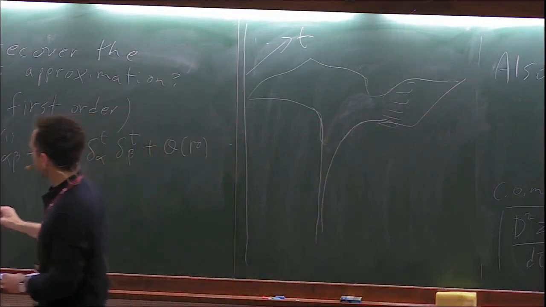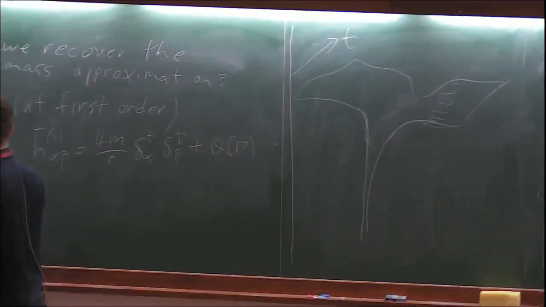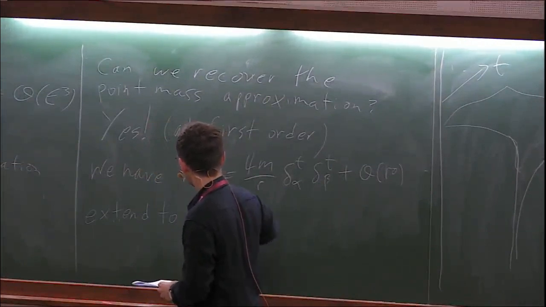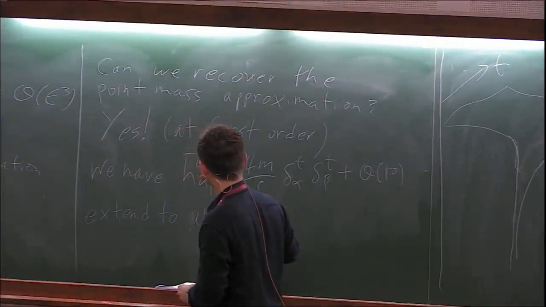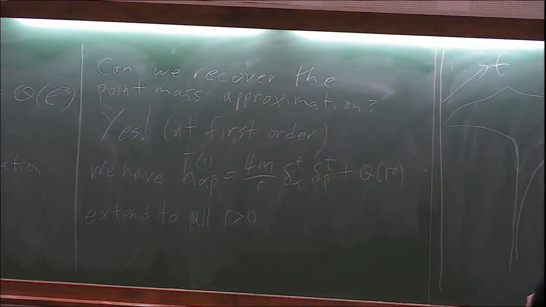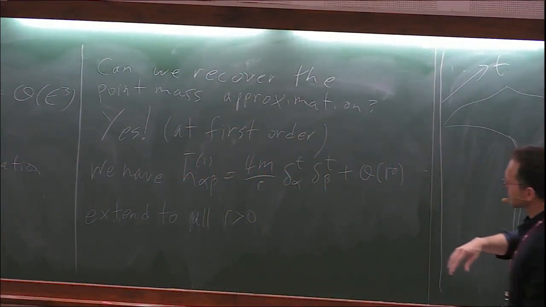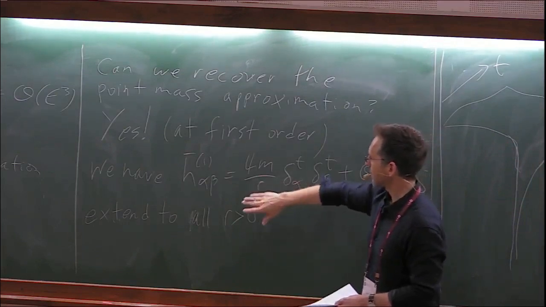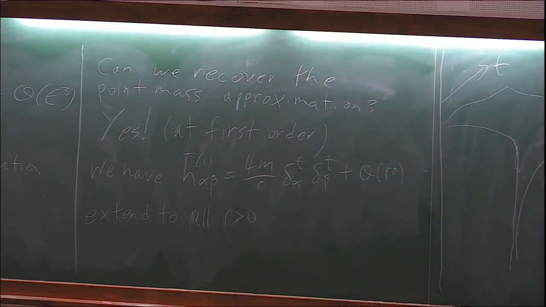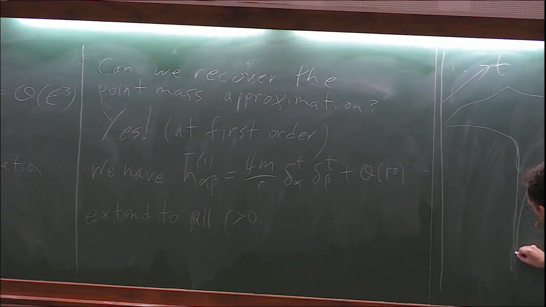So if I do that, extend to all r greater than 0, then we can show that this is exactly the metric perturbation that would be sourced by a point mass moving on the world line. And the world line is where this thing ultimately blows up to infinity.